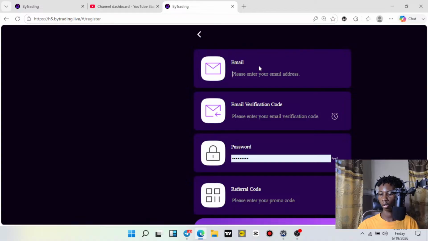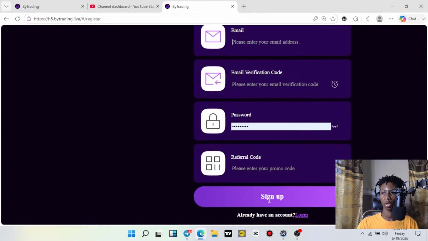Just put your email address right here and request a verification code by clicking on this button, and create your password and use my referral code, which is also in the live description. After that, you just click on sign up.